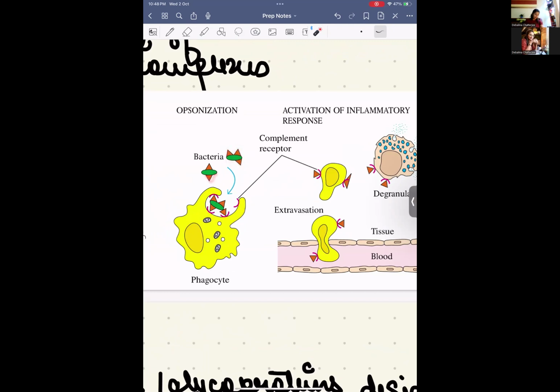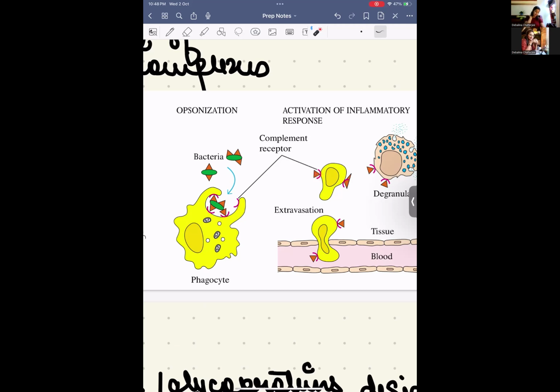Because of this complement coating, it is easier for the phagocytes to engulf the bacteria, because the phagocytes have some receptors for the complement protein. We just saw in ADCC that there are receptors on the phagocytes for the Fc region of the antibody. Similarly, there are receptors on the phagocytes for the complement protein. So these are complement receptors.